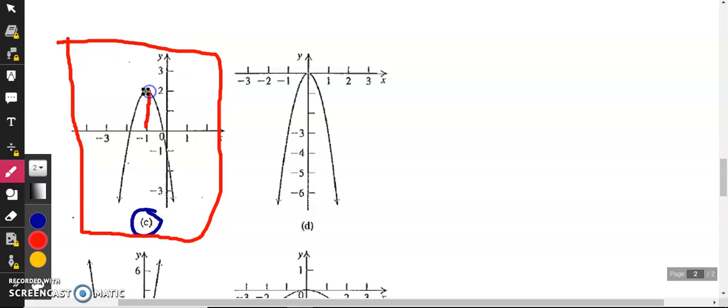In this case, it would be -1 and 2. The other thing that we're going to need is a second point. You're usually going to want to use the y-intercept, but you can technically use any other point that you can see clearly on the graph. It looks like we're going to cross through the y-axis at -1, so I will use 0, -1 as my other point.